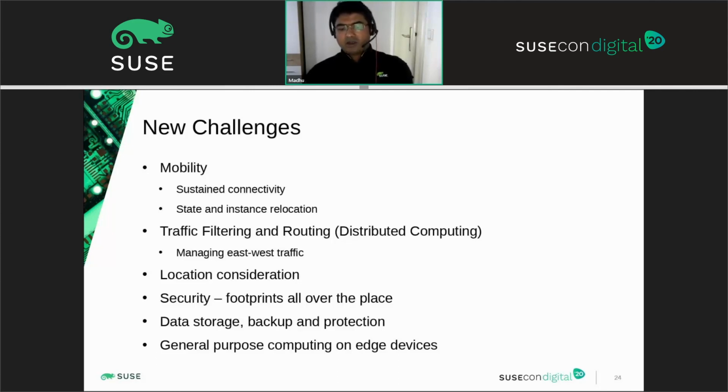So considering these challenges, there is also a need for probably a dedicated operating system, an edge operating system. You might have a look at the presentation of one of my colleagues who has talked about Edge OS. And these edge computing devices, which are special purpose devices for certain functions, are now to be treated as general purpose computing devices. So these are challenges we have already discussed.